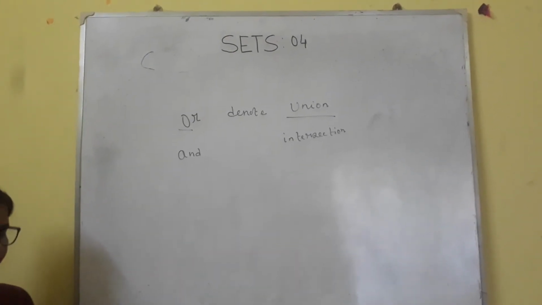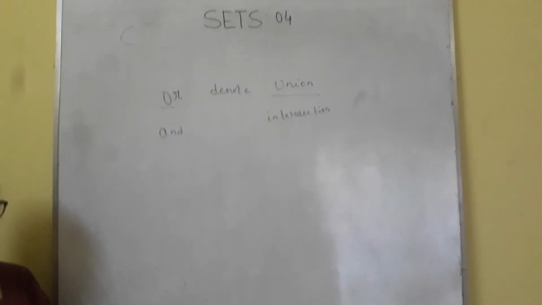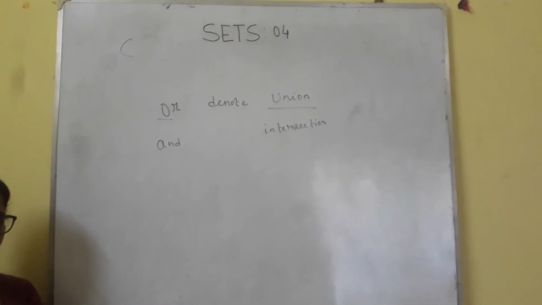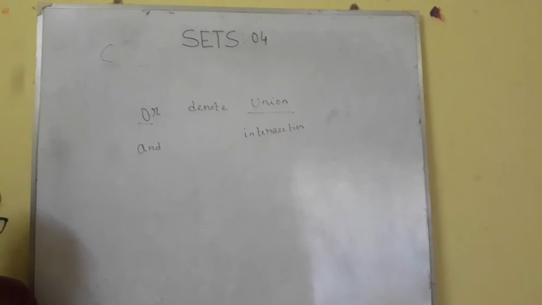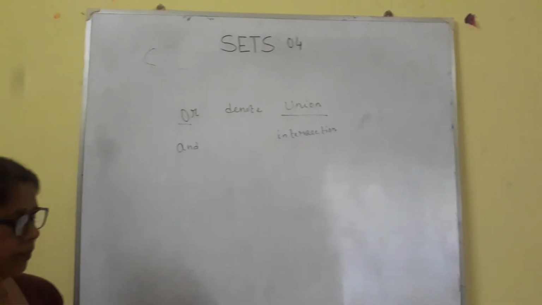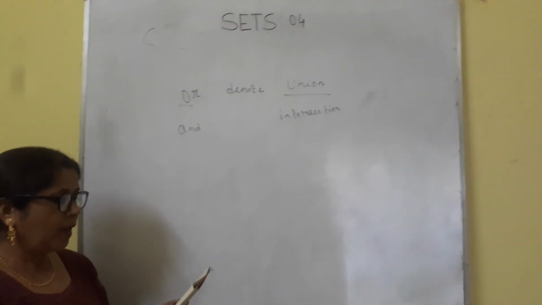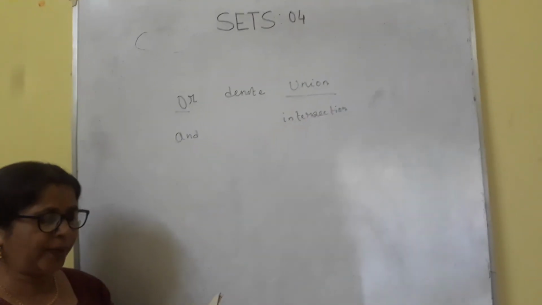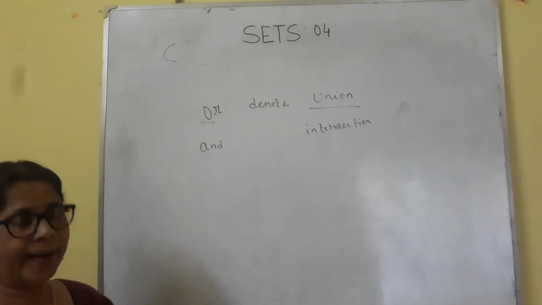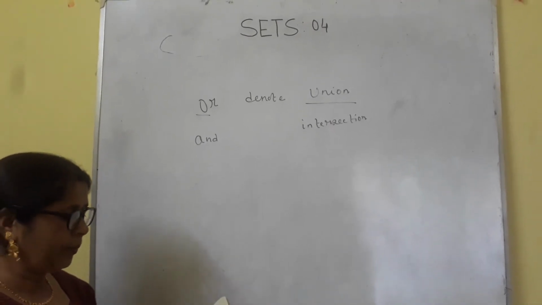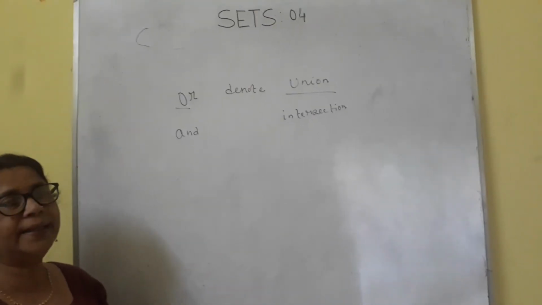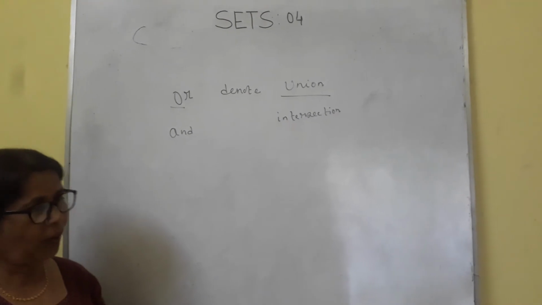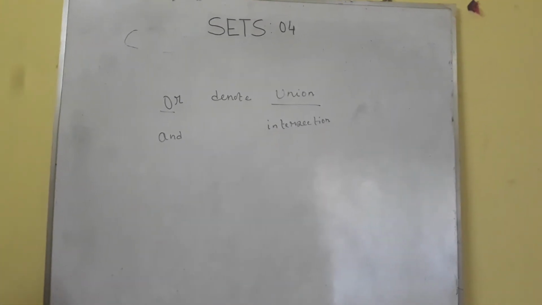Exercise 1.6, sum number 3. In a group of 400 people, 250 can speak Hindi, 200 can speak English. How many people can speak both Hindi and English? Now how will you write this? I am showing you that.